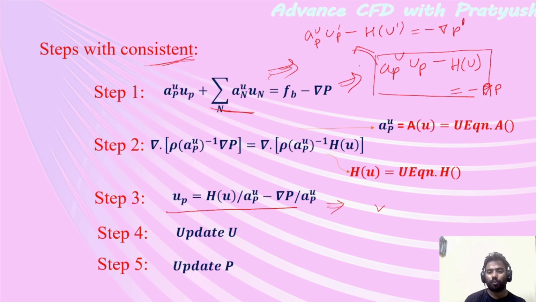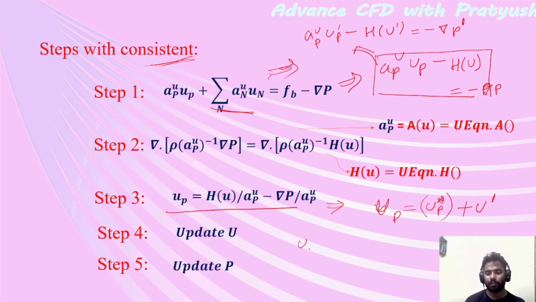If we update the UP, the update step will be UP equal to UP star that we are predicting from the momentum equation, plus there will be some corrector. So this is the complete equation for the update of the UP equations.